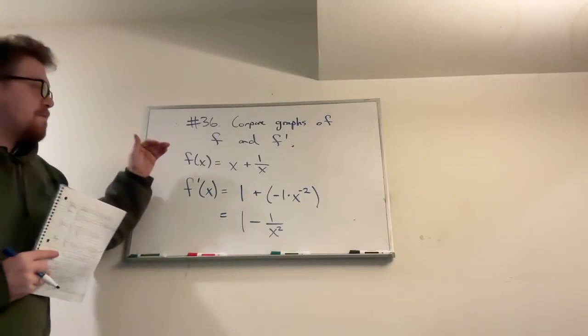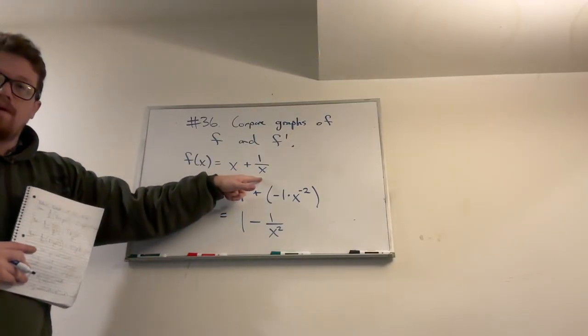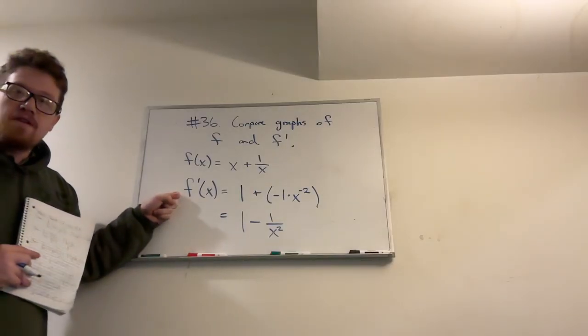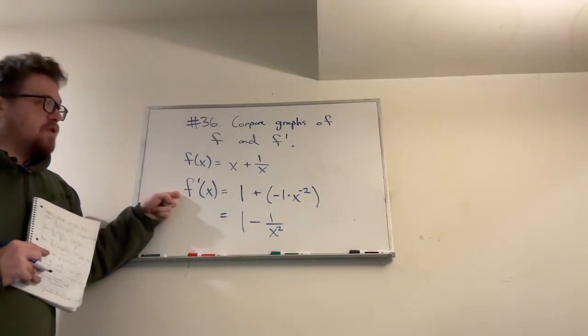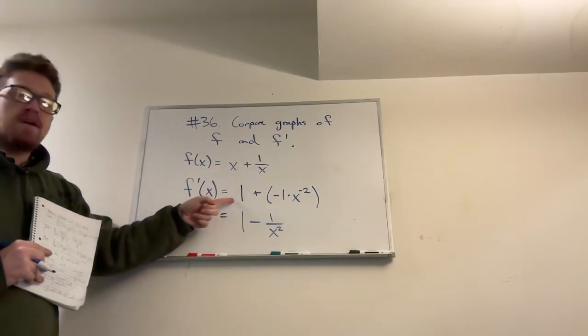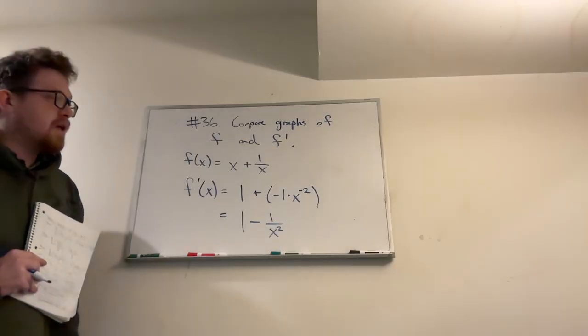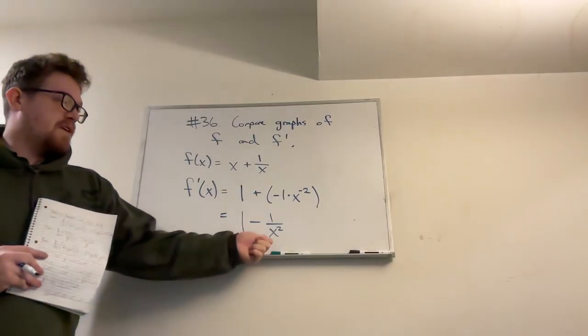Okay, so now we have our function, x plus 1 over x, or x plus x to the negative 1. We found the derivative using the power and sum rules. The derivative was the sum of the derivatives: the first one has derivative 1, the second has derivative negative 1 over x squared. So the full derivative is just 1 minus 1 over x squared.